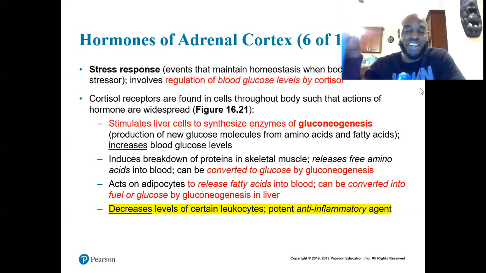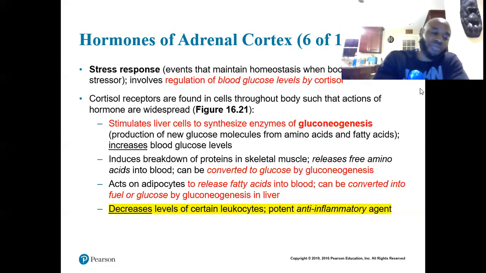Leukocytes, white blood cells, help your body fight off pathogens. So when you're stressed over and over, it suppresses your immune system. That's why people who are consistently stressed out have a higher tendency to get sick.